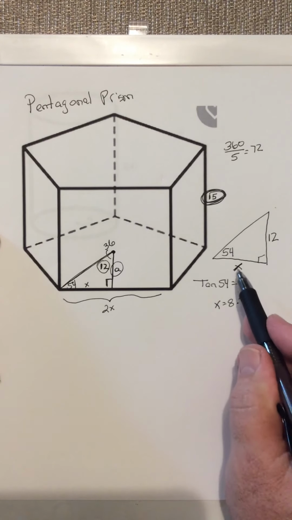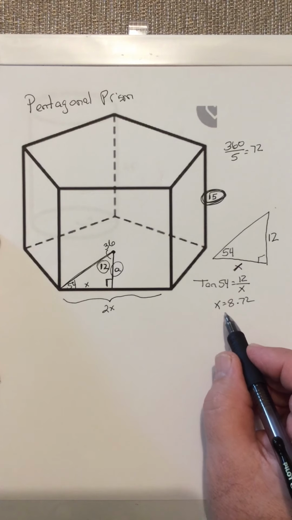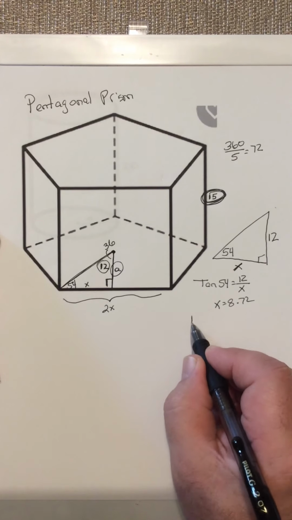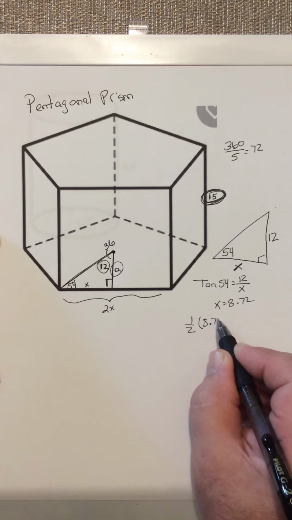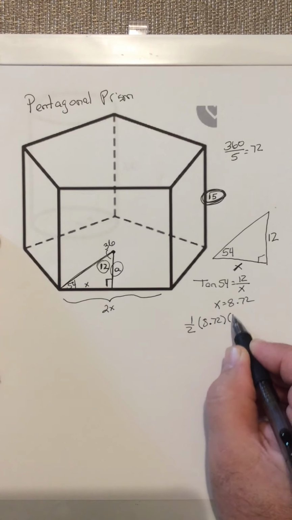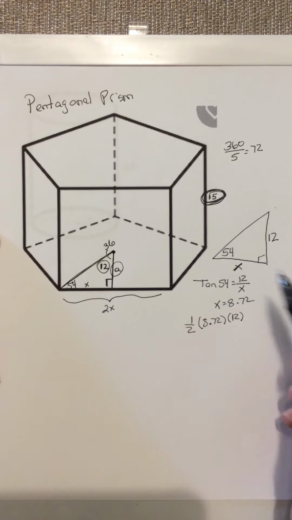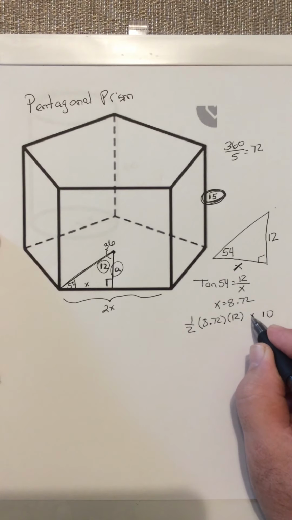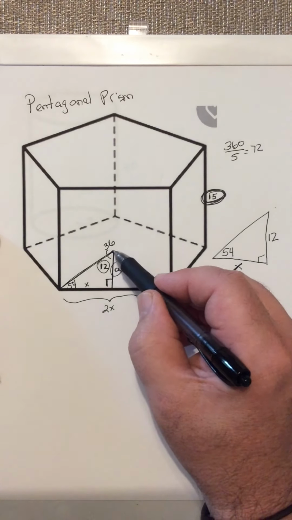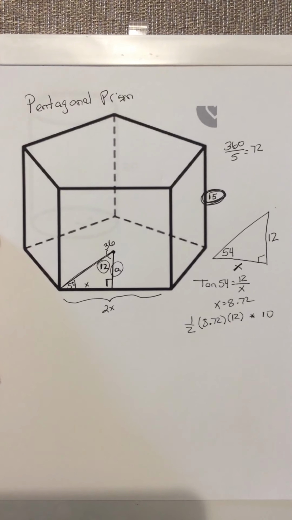So let's find the area of that triangle, and we'll get the area of the base then. So the area of that triangle will be 1/2 times 8.72 times 12. And how many of them triangles do I have? Well, I have 10 of them. Again, Mr. Mead found the area of this bigger triangle, then only multiplied by 5. I had cut it in half, so I'm multiplying by 10.